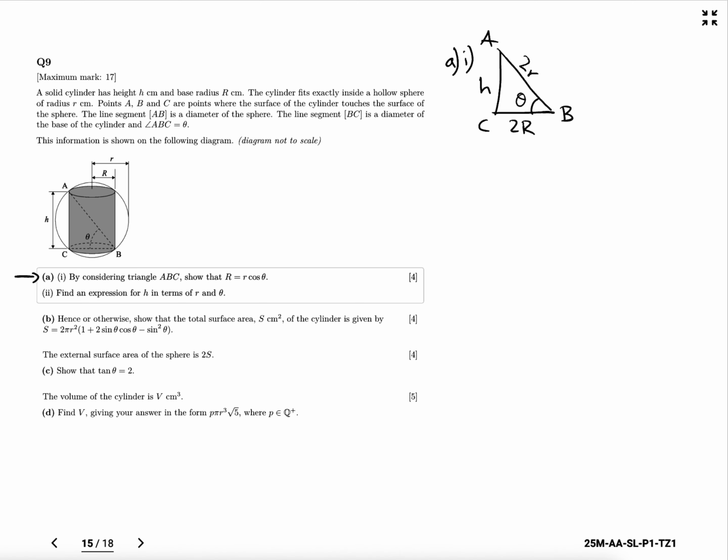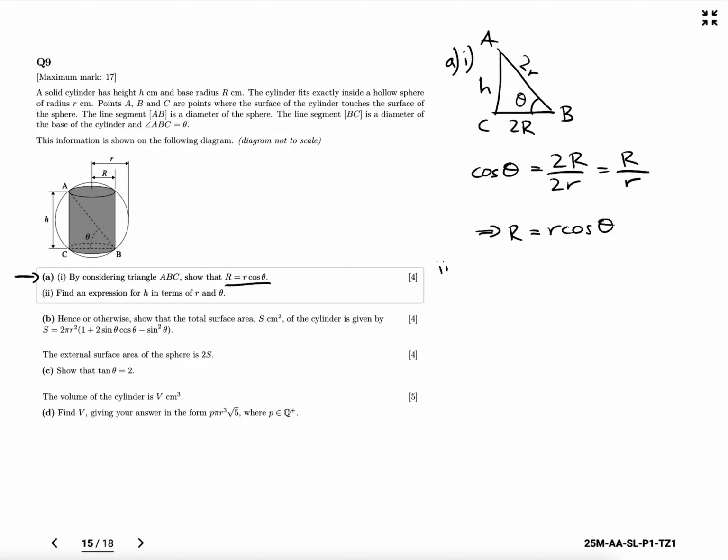So this is the triangle we have, and we're going to show that capital R is equal to r cosine theta. So let's do cos theta, and it's the adjacent over the hypotenuse, so 2 capital R over 2 little r. And this is already looking very similar to what we need, so we rearrange to get that capital R equals r cos theta.